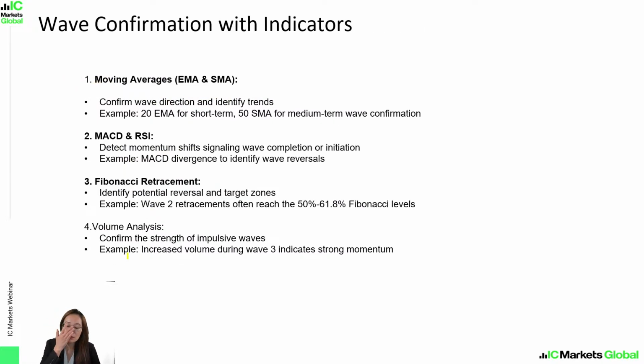Now there are indicators that you can use with Elliott wave. For example, moving averages: you can use EMA and SMA. To confirm wave direction and identify the trend, you can use EMA 200 or SMA 50. But usually I only use one, which is EMA 200, to look for the trend.